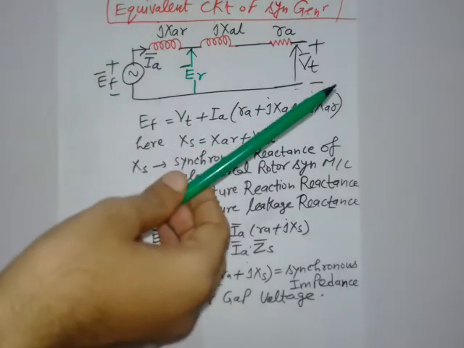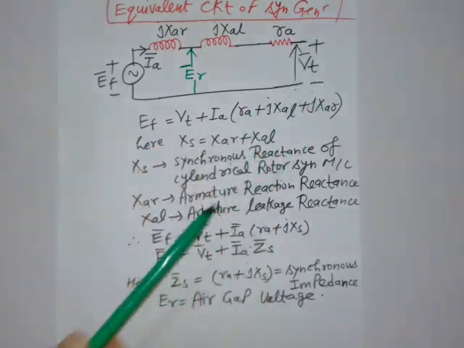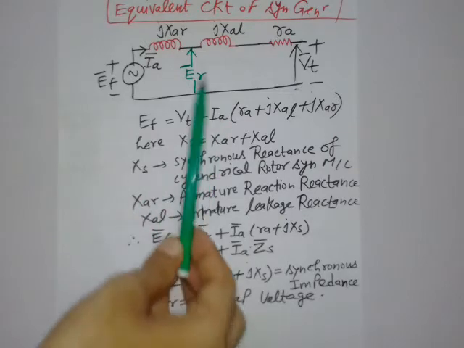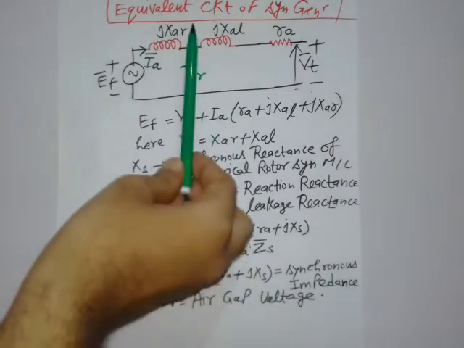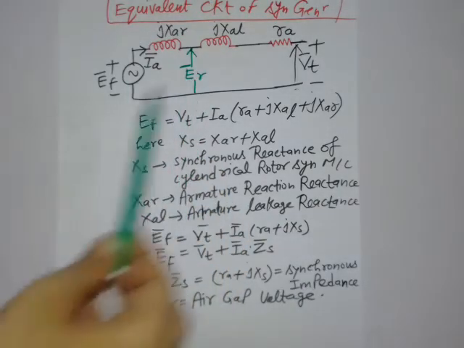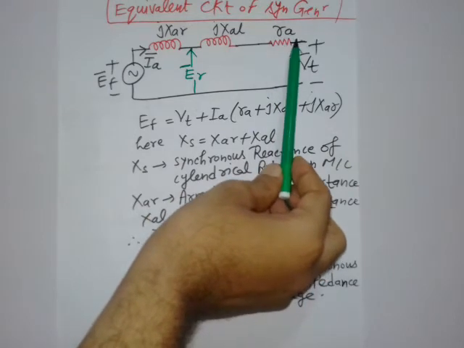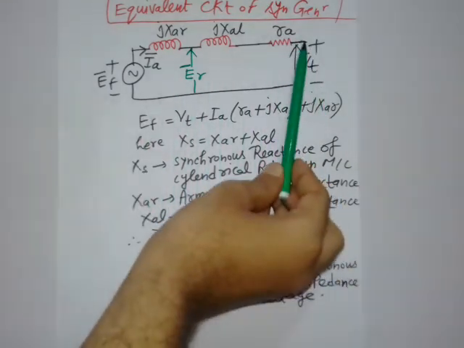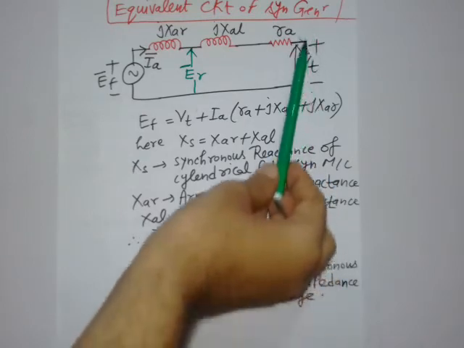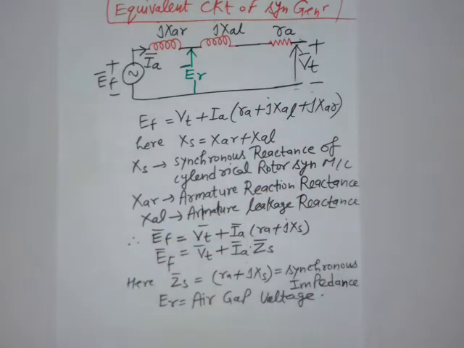Induced EMF will be developed according to Faraday's law, d phi by dt gives the induced EMF, and you will get this voltage across the air gap, which is called air gap voltage ER. The armature winding resistance, which is very small, is represented by RA, and finally at these two terminals you will get the terminal voltage across the synchronous generator, which is VT.